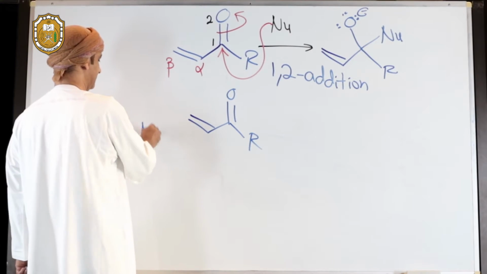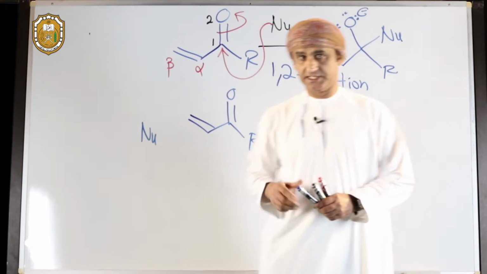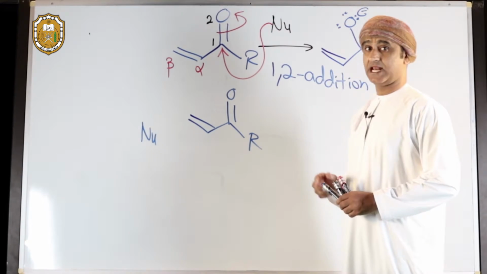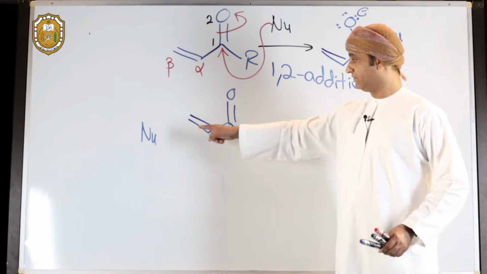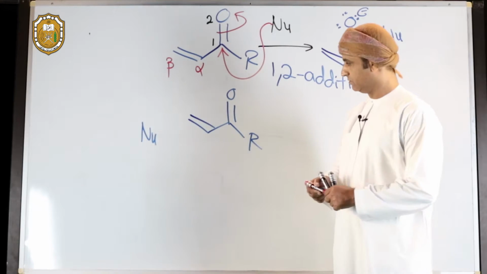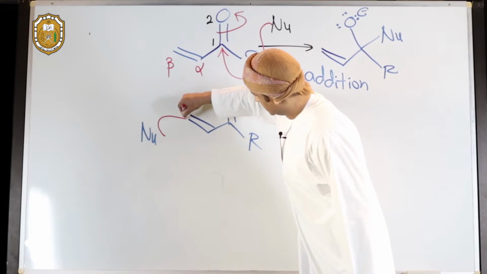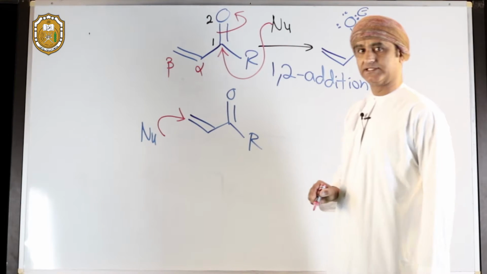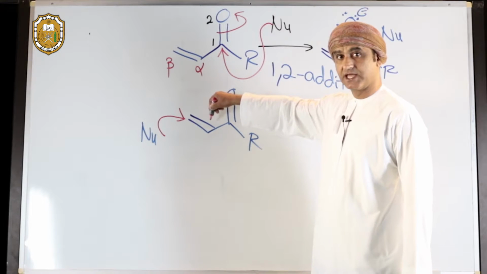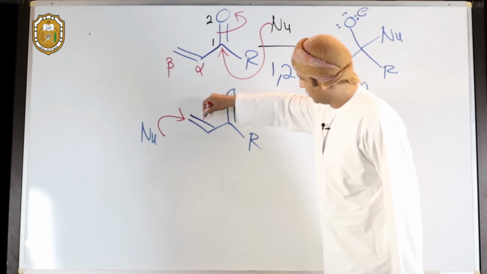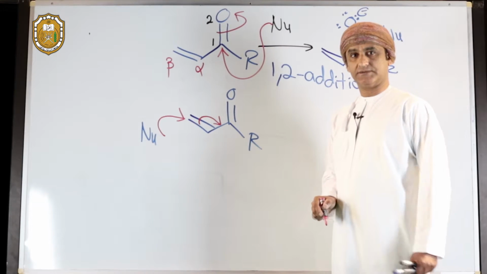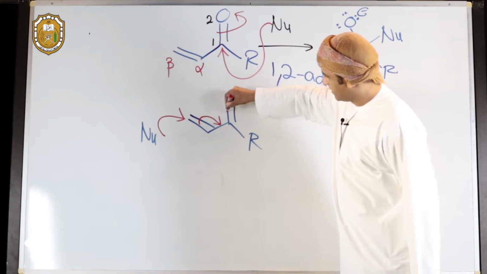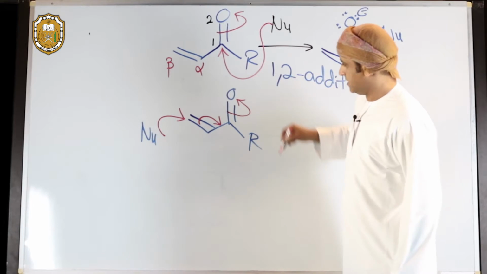If a nucleophile, of course with certain characteristics, as we will see shortly, attacks that beta carbon, we can show this with curly arrows. So the nucleophile attacks the beta carbon. This carbon-carbon double bond is broken. A carbon-carbon double bond is subsequently formed, and this carbon-oxygen double bond is broken.